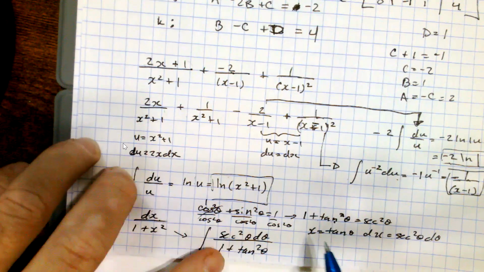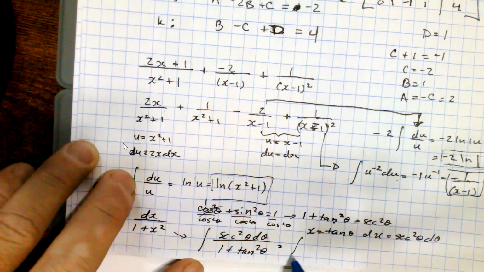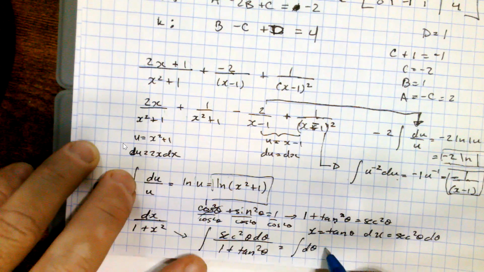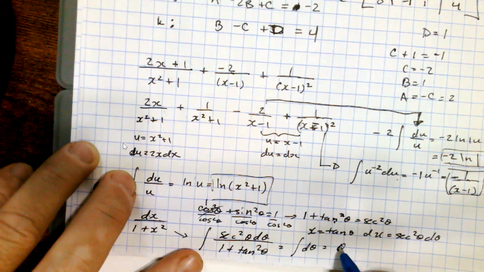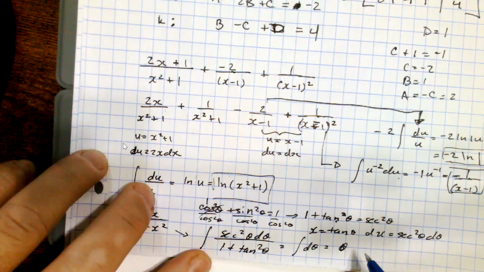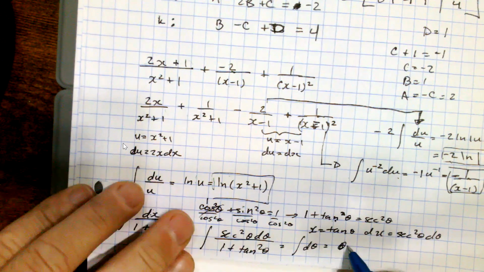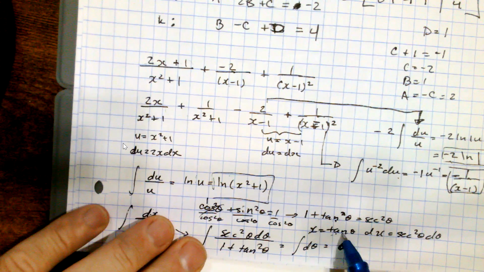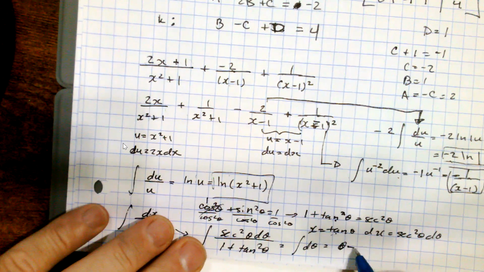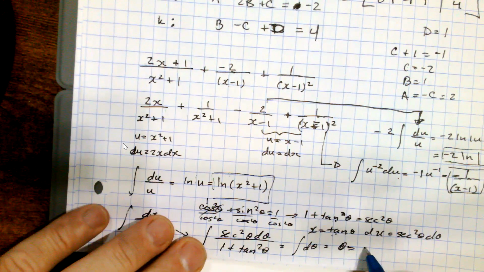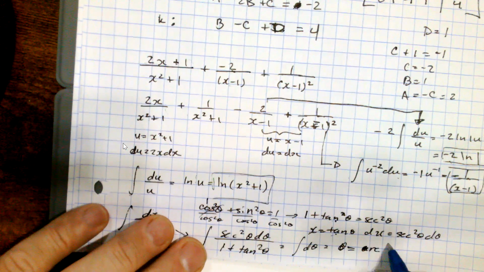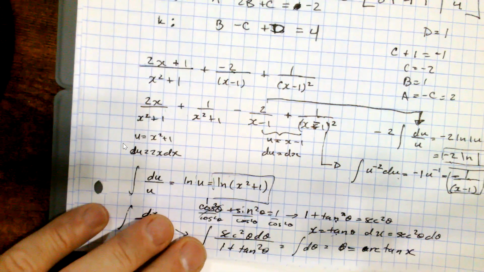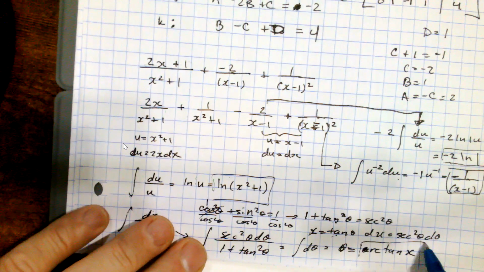So this actually reduces to just the integral of d theta, which means that this is theta. So it actually collapses pretty quickly. And then looking back at our sub, solving for theta, in terms of x, this is equal to arc tangent of x. Okay.